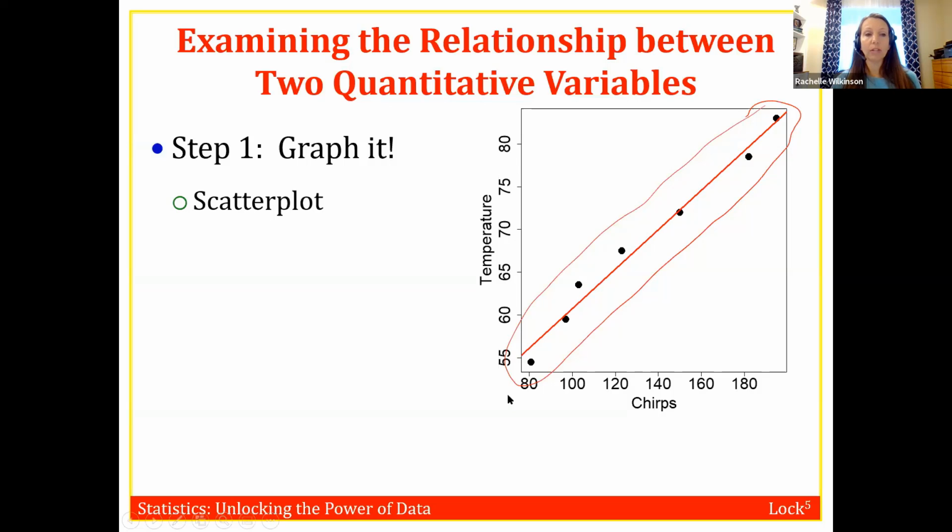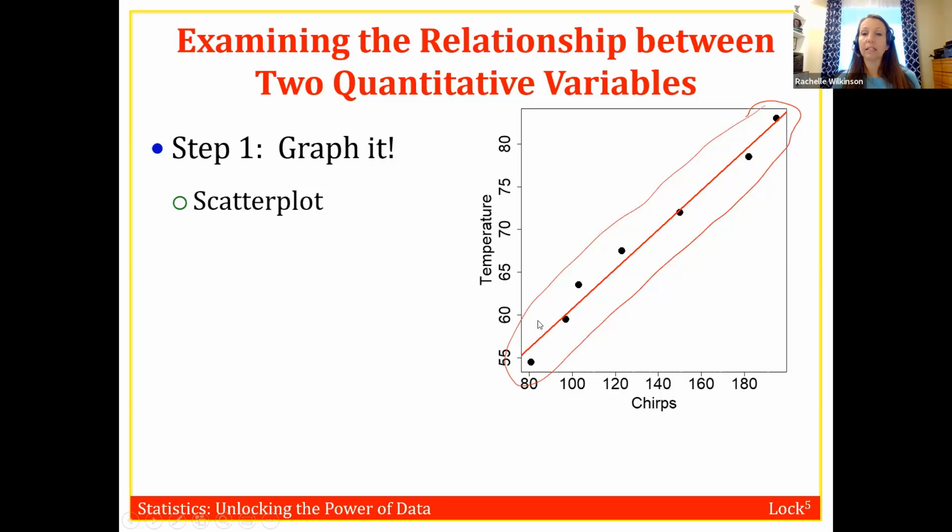And then the last thing that we looked at was the strength. And for strength, we're looking at weak, moderate, strong. Those are the basic ones. You can combine them, say like moderately strong or moderately weak, or just add an ish on the end. I like to do that too, moderate-ish. And this one looks pretty strong here. By strength, we mean how closely do the points fit the form?